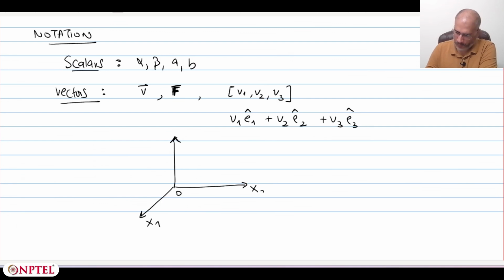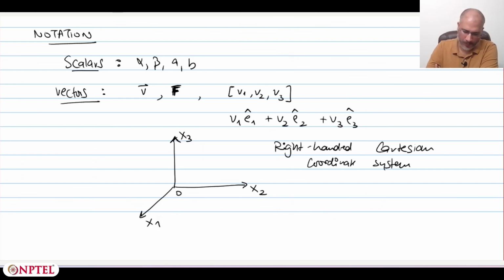So O x1, x2, x3 denotes a right-handed Cartesian coordinate system, and the unit vectors in these three directions are given as E1, E2 and E3 respectively.